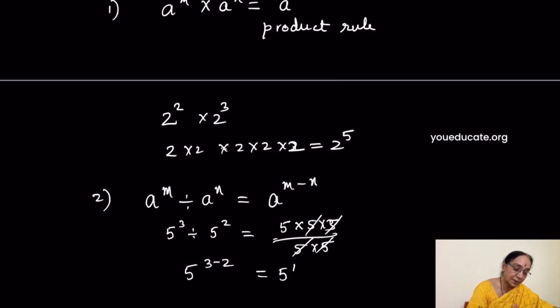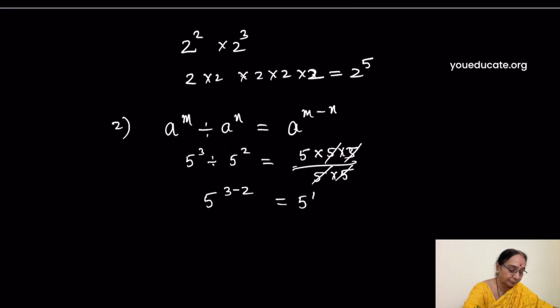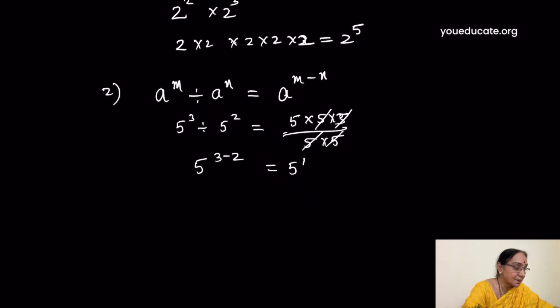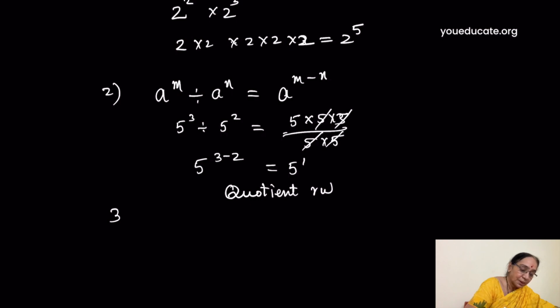So when you divide two exponents with the same base, you subtract the powers. Now we are only discussing positive indices as of now. This rule is called the quotient rule. In some books they do mention other names, but mostly it's better for you to remember it as product rule or quotient rule.